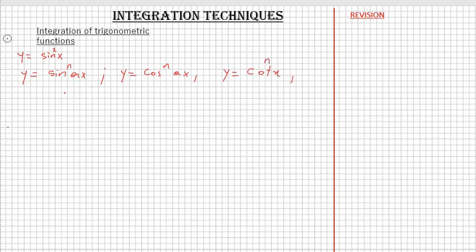Or you can also have a product of the two trigonometric functions. So let's say you have something like sine to the power of m ax multiplied by cos to the power of n bx. So how can you integrate this type of functions?